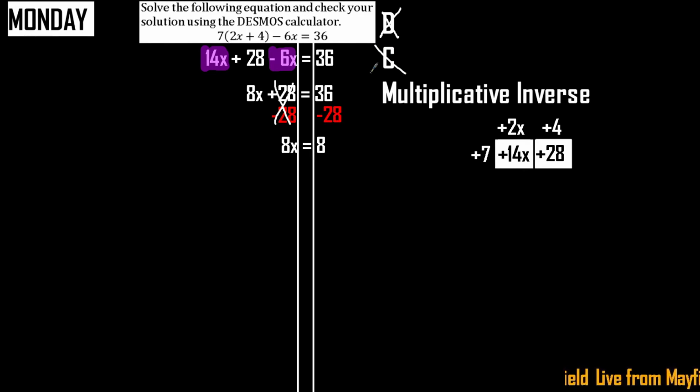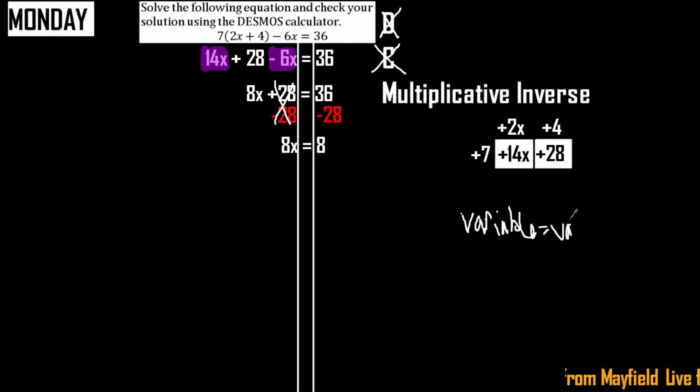And so now I'm just down to the multiplicative inverse. Every time you want to manipulate the variable, you're trying to get a variable equals a value.